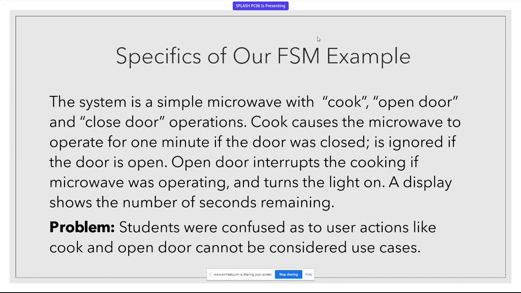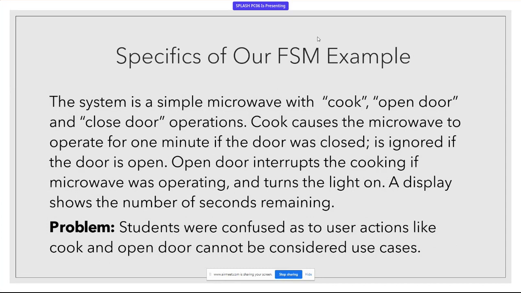We teach using this example of a microwave, a very simple microwave which has a way to close the door or open the door of the microwave and one button to start cooking.